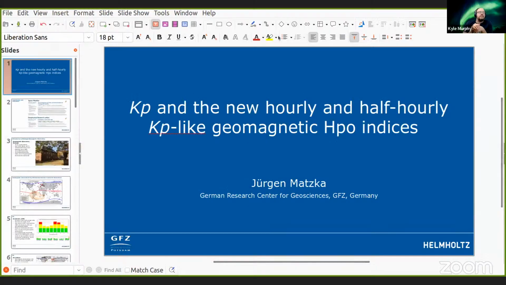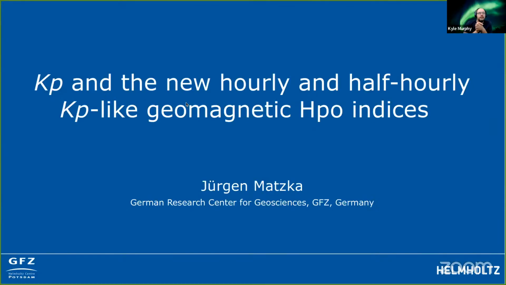Our next speaker is Jürgen Matzka. Jürgen studied geophysics and completed his PhD at the University of Munich, and then moved to the Danish Meteorological Institute, and later the Technical University of Denmark, where he worked with the Greenland magnetometer chain and various magnetic observatories.